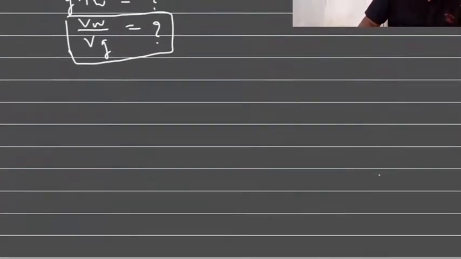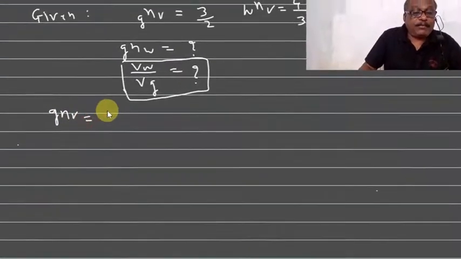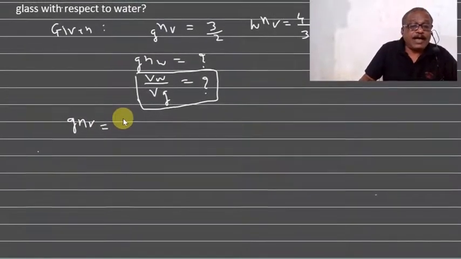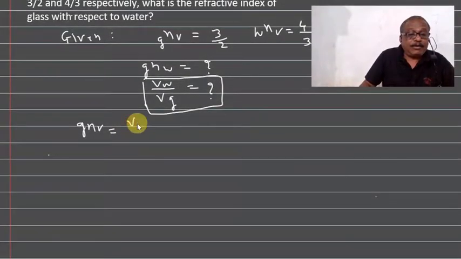First of all, we write G and V, the absolute refractive index of glass. So this is velocity in vacuum upon velocity in glass, and this is given as 3 by 2.